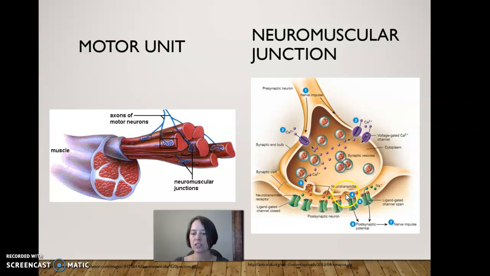And then those neurotransmitters cling on to these protein channels and open them up, and a bunch of sodium ions rush in, and then the signal gets to the muscle that it should contract.